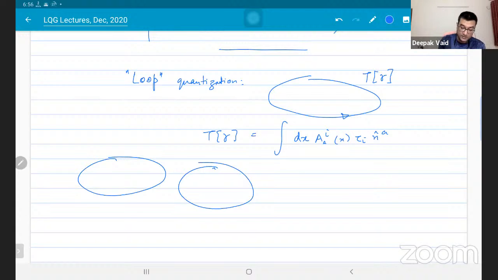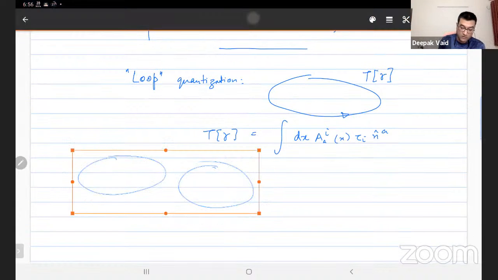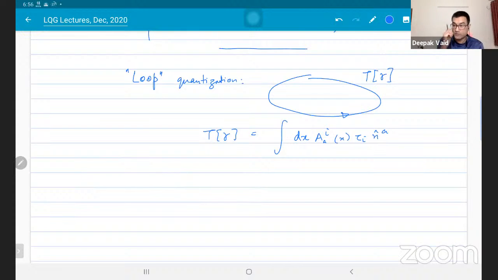So now nobody looks at that, because you work with these spin networks, and in the spin networks, things are much more simple. But the spin networks remain a faithful representation of this loop algebra.